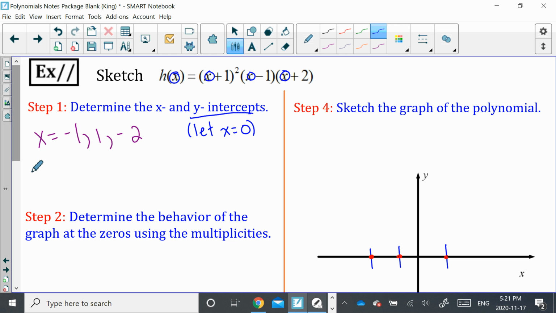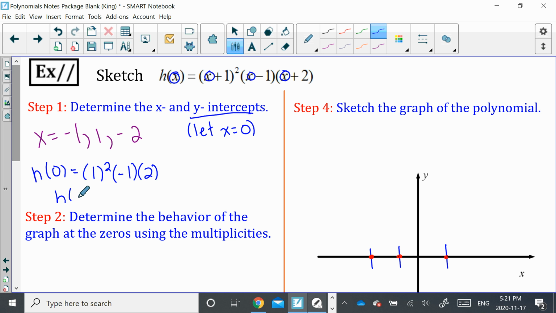So h of 0 is equal to 0 plus 1 is 1, squared, times 0 minus 1, which gives me -1, times 0 plus 2, which gives me 2.